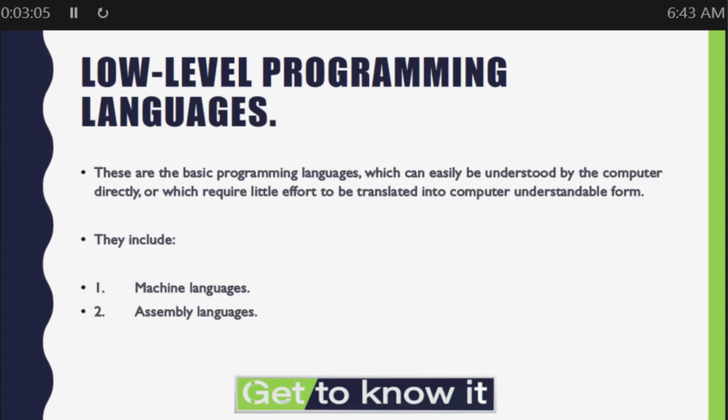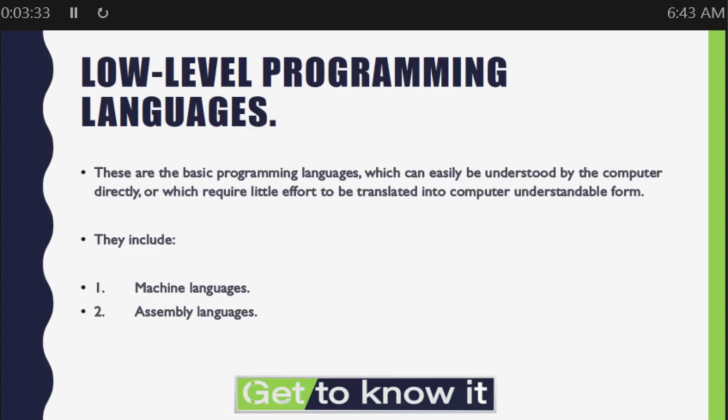For example, if one wants a program to add 2 or more values, he will use ADD for addition. If he or she wants something to be moved from one point to another, he will use MOV for move. If one wants to subtract 2 or more numbers, he will use SUB for subtraction.